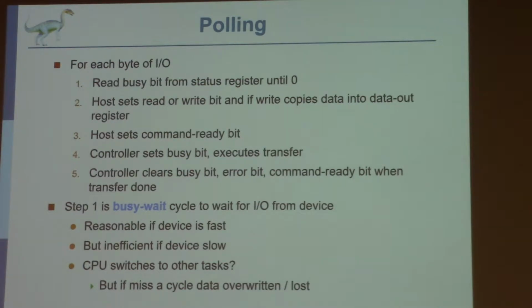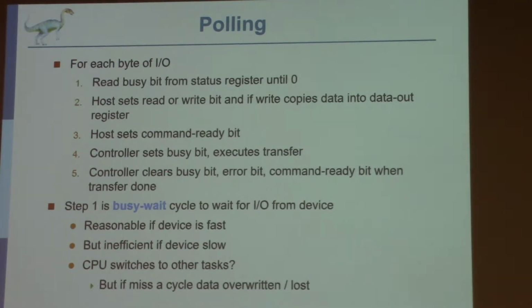Okay, then another approach to read the data, to communicate the data, is polling. So we have seen so far the interrupt. The interrupt is you can stop all the system, then communicate. Another approach is the polling approach, which means I try to read the data from the hard disk drive, then keep checking whether this hardware is available or not.